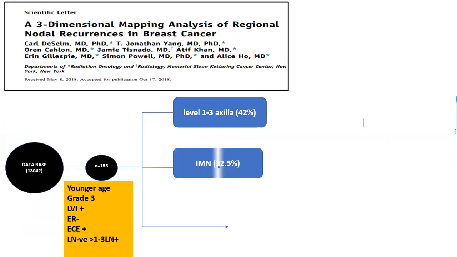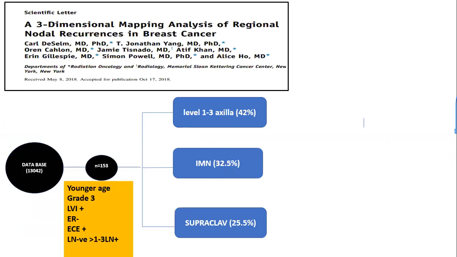But one thing you have mentioned is that when they come up with a recurrence or metastasis, we don't count those as local failure. So whether that adds up to so much axillary recurrence, we have to see.